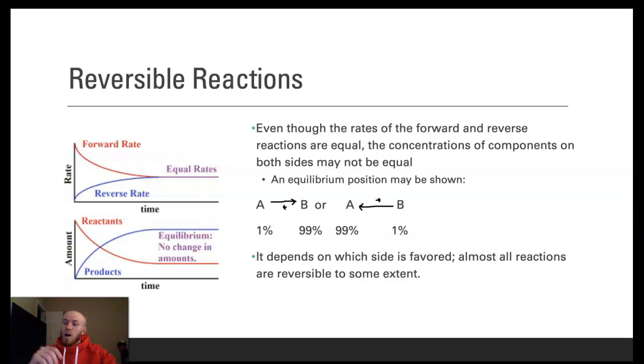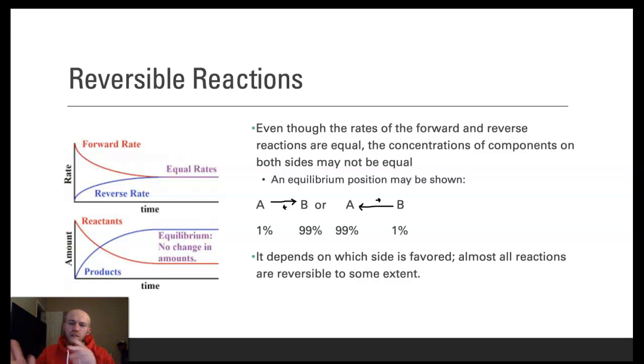The bottom graph indicates that the amounts do not necessarily have to be the same, but at equilibrium, there's no net change in the amounts. Here, there's less of the reactants and more products, but once we're at equilibrium, the same amount is going to be consistent. They're going to keep going back and forth, but they're going to keep that same amount.